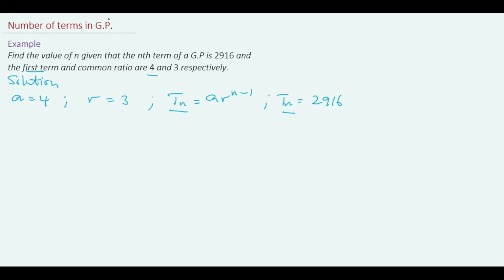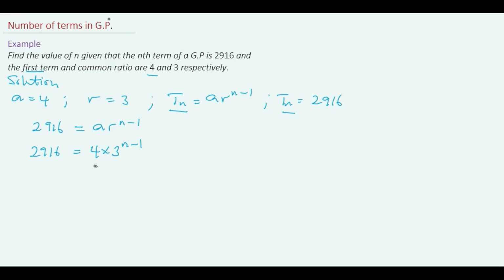So 2916 is equal to ar raised to power n minus 1. So 2916 equals 4, since a is 4, times 3 raised to power n minus 1, since r is 3.